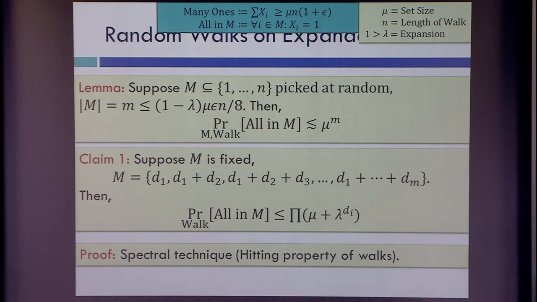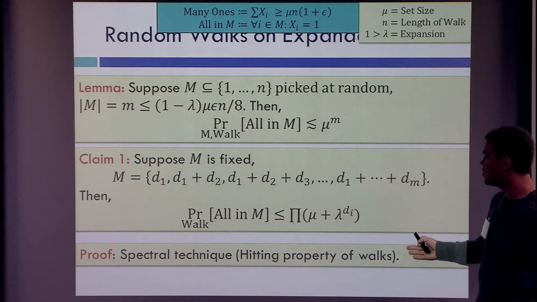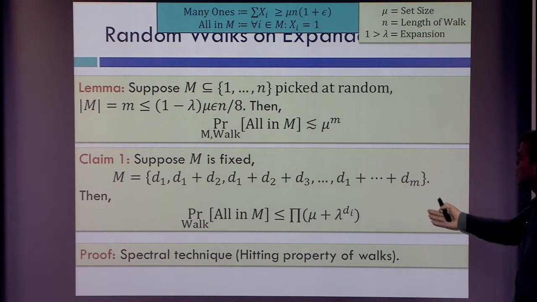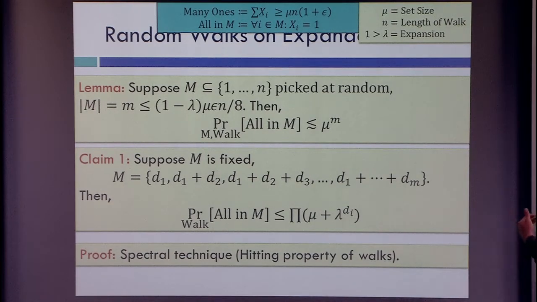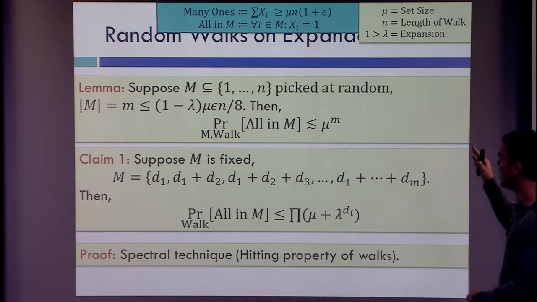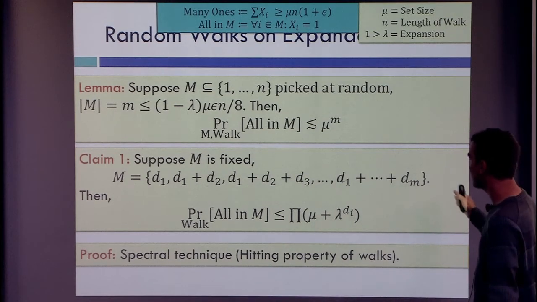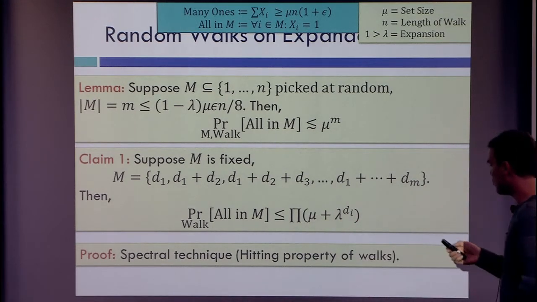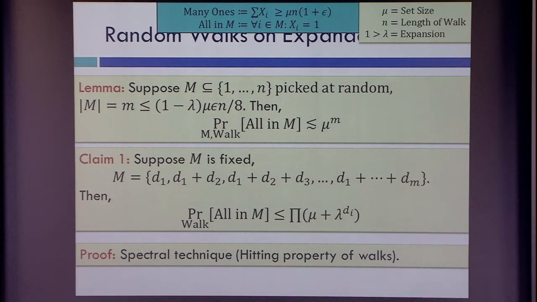Komlós and Szemerédi, I see. So this is well known. You just write the probability distribution in the ith step as a vector, and you do eigenvalue decomposition, and then you don't have to do so much work.